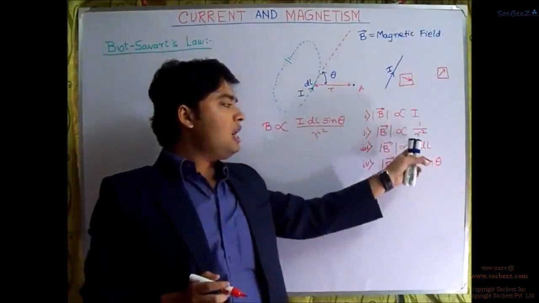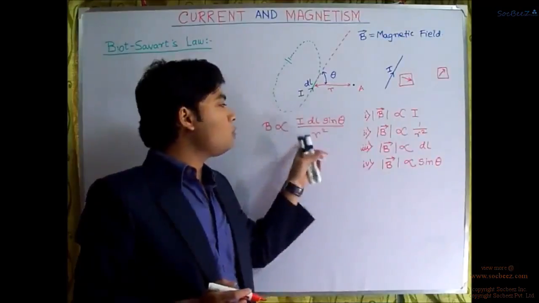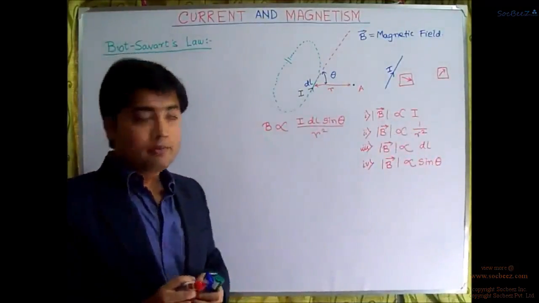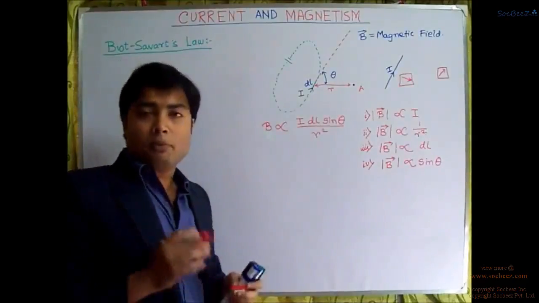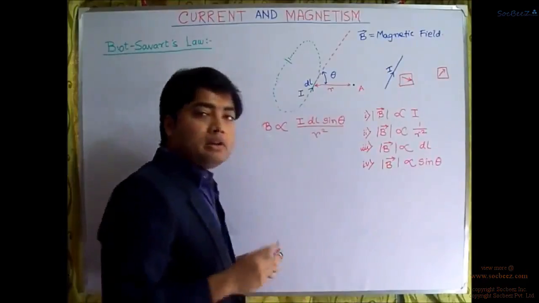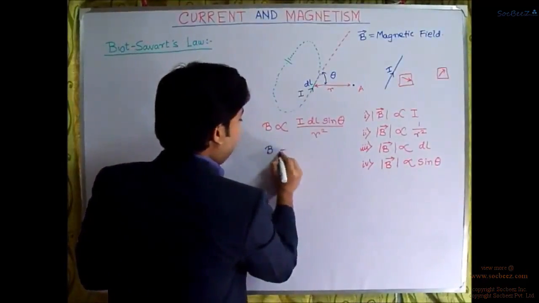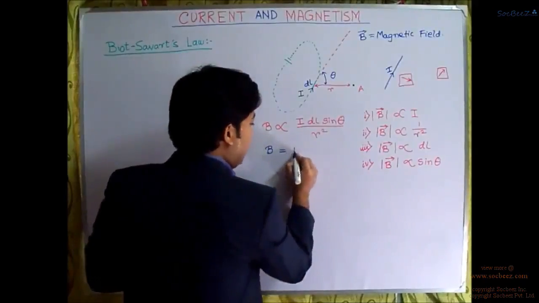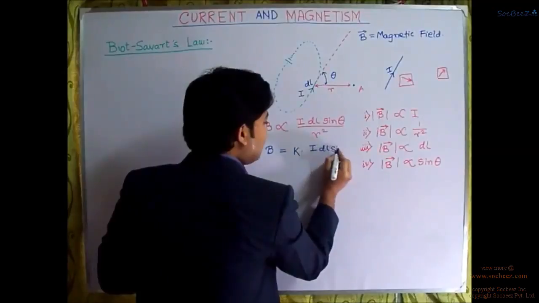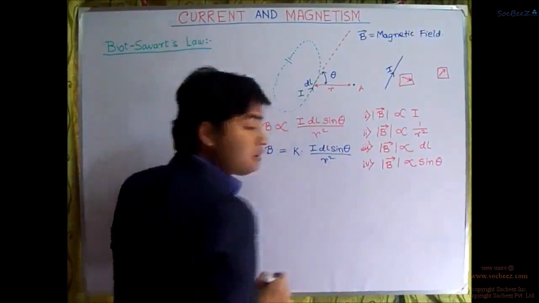I, dl, sine theta are all directly proportional, and it is inversely proportional only to r square. So we can write it likewise. To change this proportionality into equality, we have to take the help of a constant. So B will be equal to K multiplied by I dl sine theta divided by r square.